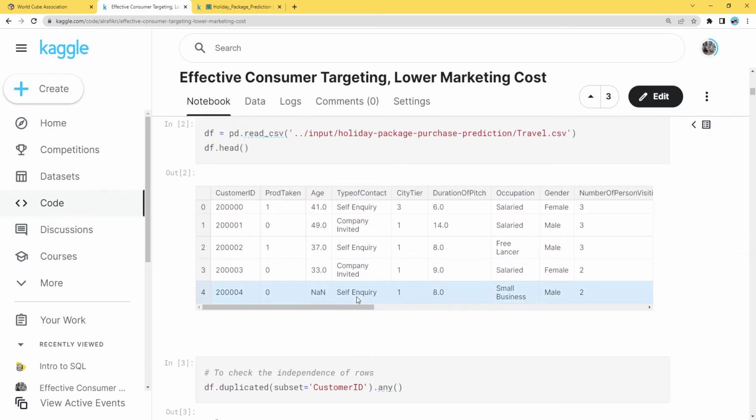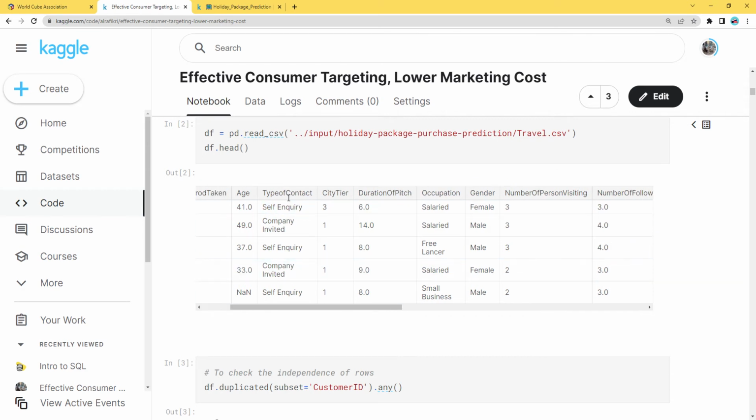Here is the data. We have customer ID and product taken: one means the product is taken by the consumer, zero means no. Then type of contact.